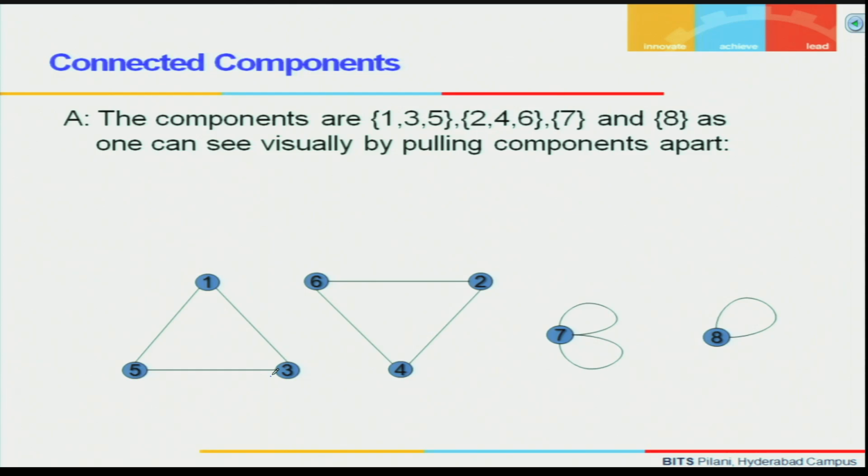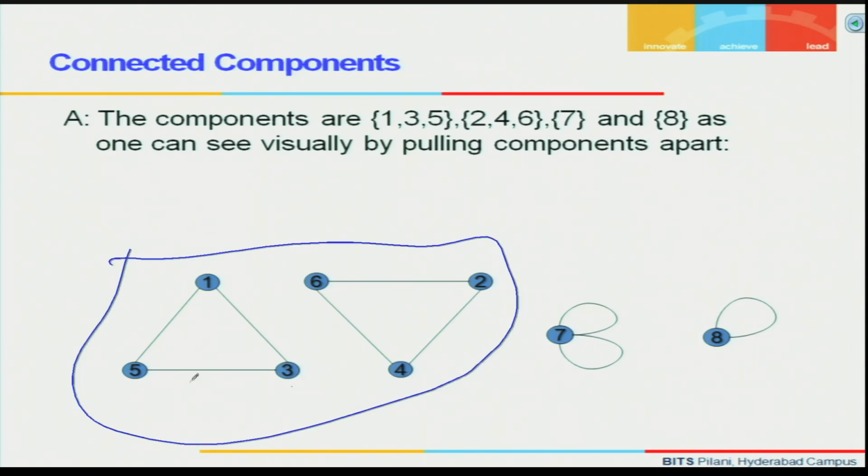Yes, it is maximal, because there is no other subgraph which is connected and containing this, isn't it? If you say, sir, I will take this as the subgraph containing our subgraph {1, 5, 3}, then I say, boss, this is a subgraph, but it is not connected, isn't it? There is no path from 1 to 6, though there is a subgraph containing it that is not connected.